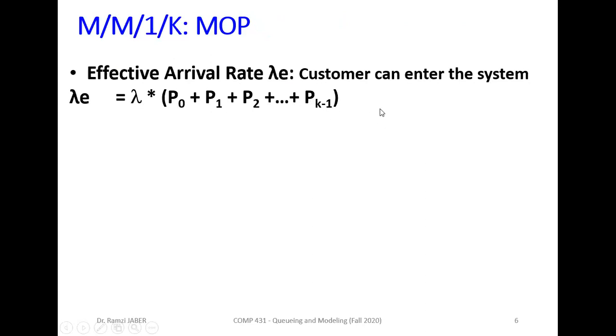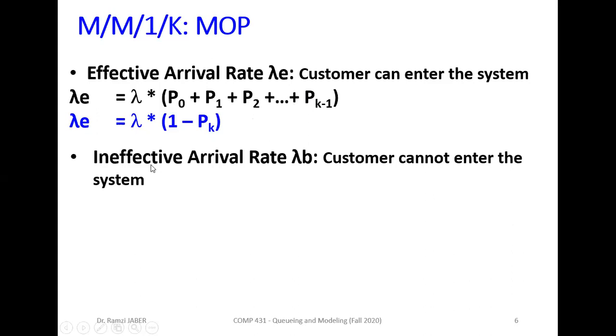Don't forget we have 1 in the server, customers in the server. So P0 plus P1 plus P2 up to P(K minus 1), which is equal to 1 minus Pk. Thus lambda E equals lambda times (1 minus Pk).